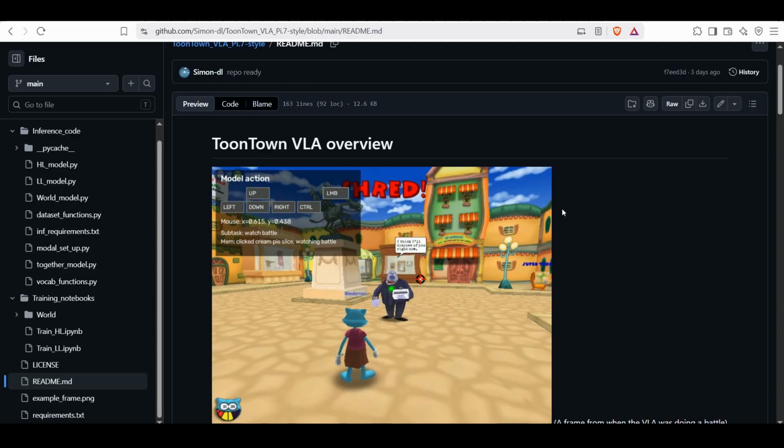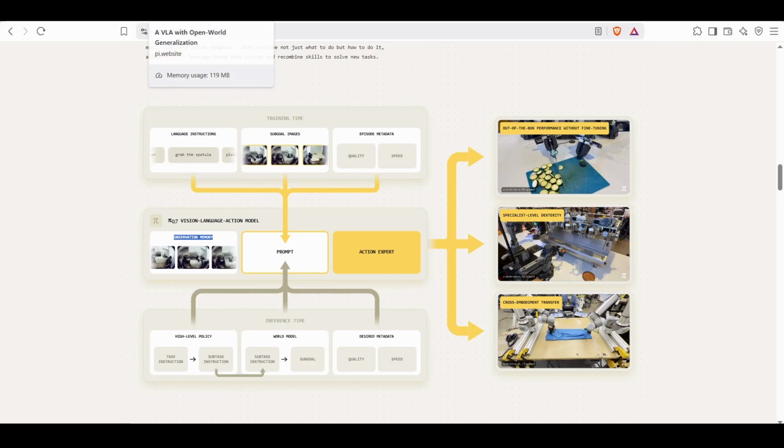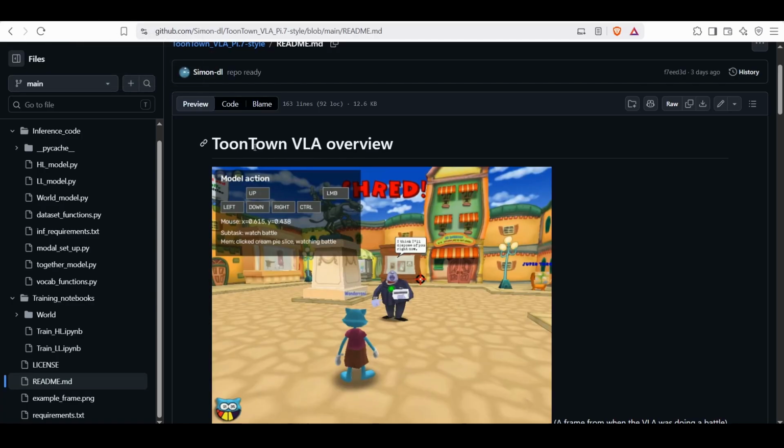So I think I'm going to start looking into some other research directions for more expressive neural network architectures that can work without having to manually design this high level policy, and then the world model, and then the vision language action model, because all of this just takes so much effort, and it's hard for me to think of this tool coming to fruition where all of that is required.